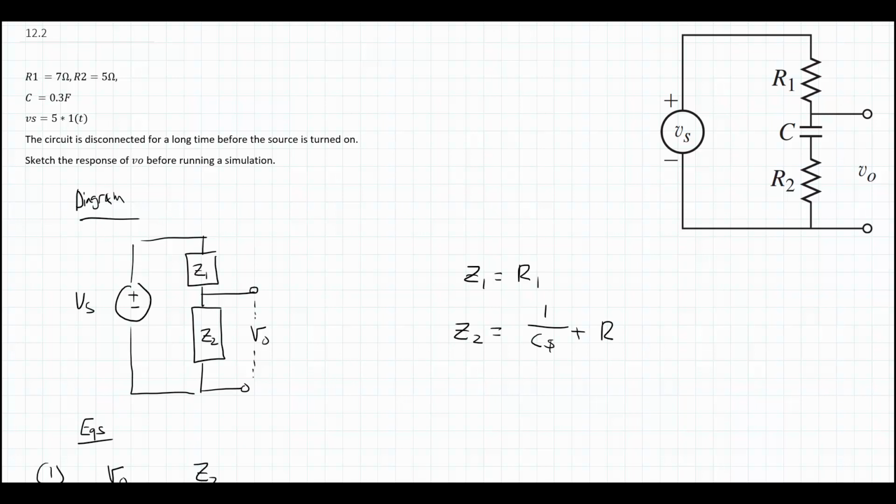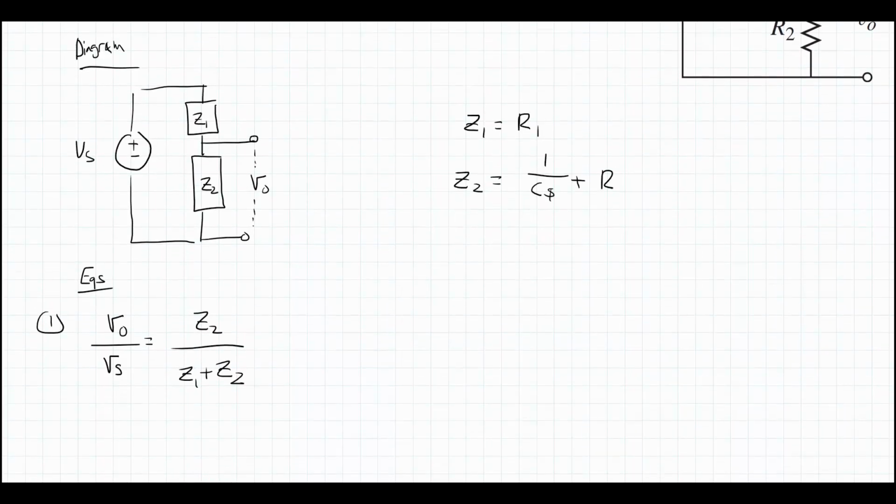So 1 over Cs plus R2. So we can rewrite this as 1 over Cs plus R2, over R1 plus 1 over Cs plus R2.